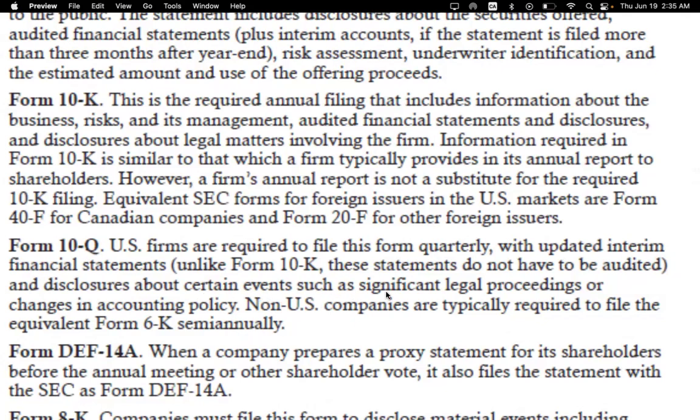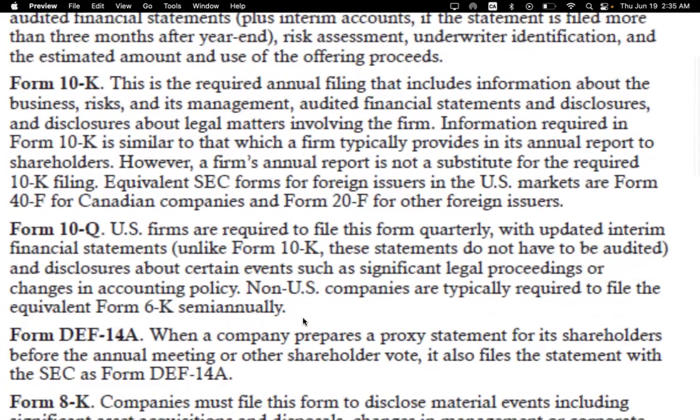Disclosure about certain events such as significant legal proceedings or changes in accounting policy. Non-US companies are typically required to file the equivalent Form 6K. So 10Q is unaudited interim financial statements, and for non-US companies within the US, they're going to file Form 6K, and this is not audited.